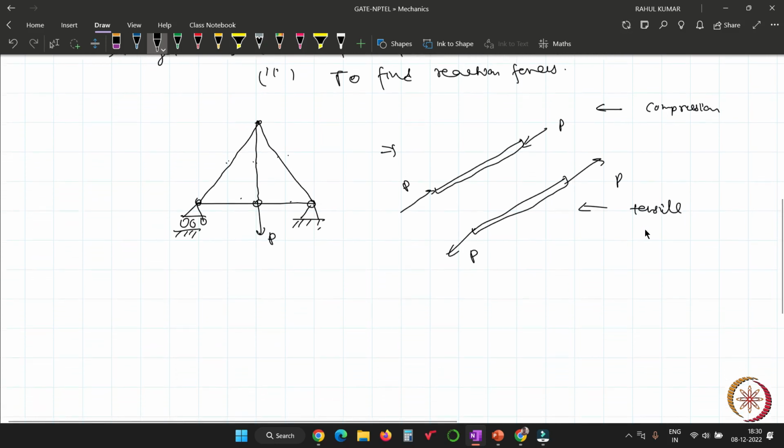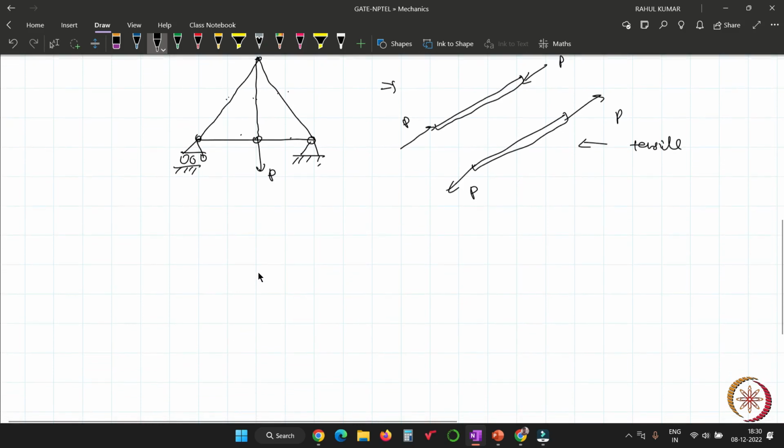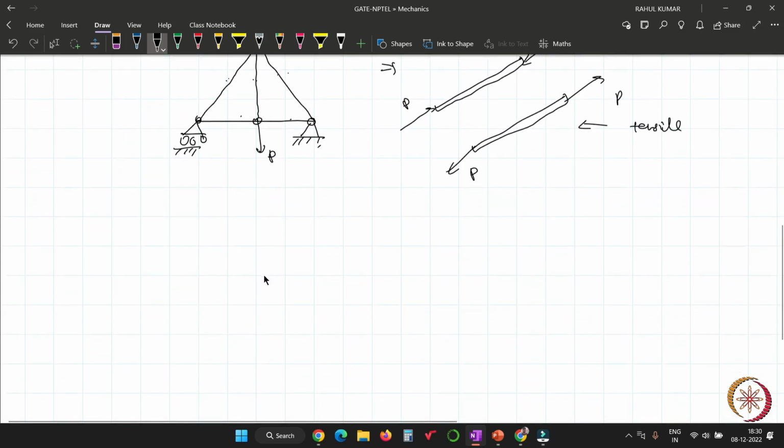Okay, so in solving the truss problem, you will see that there are n number of joints, and there are m number of members, and usually, in general, you will see three reaction forces.